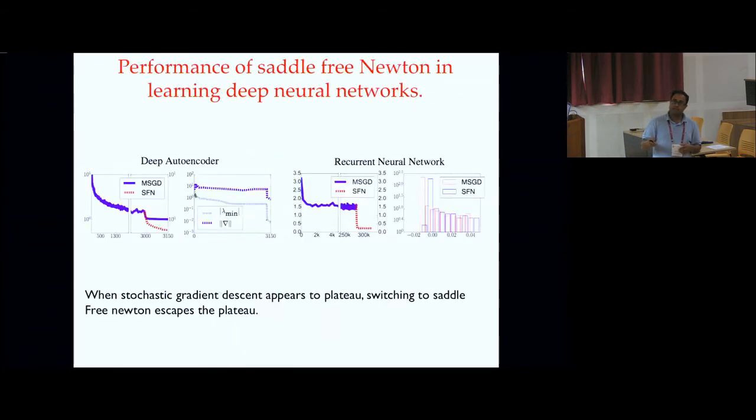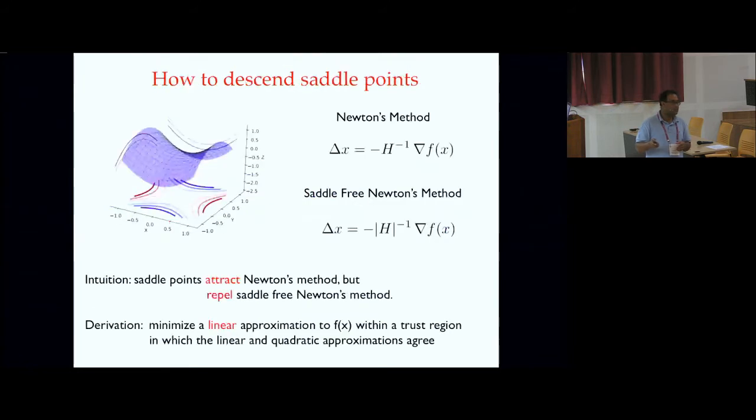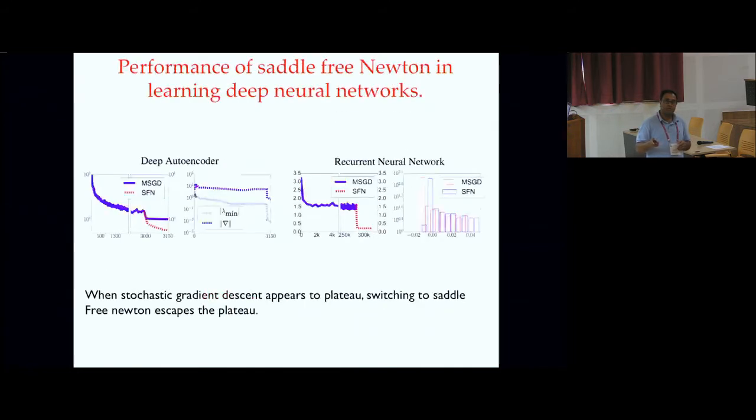Okay, so you get this sudden drop. So actually that was a saddle point, and saddle-free Newton got you down, yeah? Actually, there's a question. How can you be sure that it's actually a saddle point and not just something which is not a saddle point but has a very low incline, a very flat region?